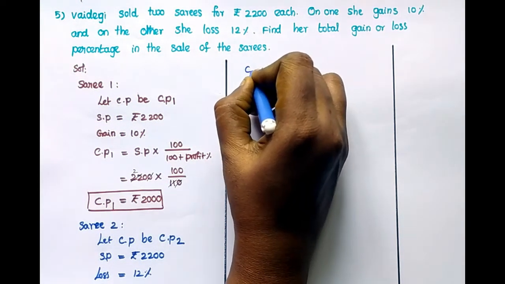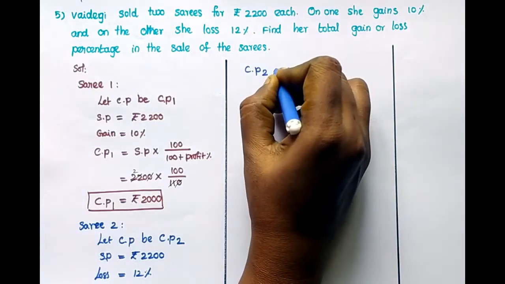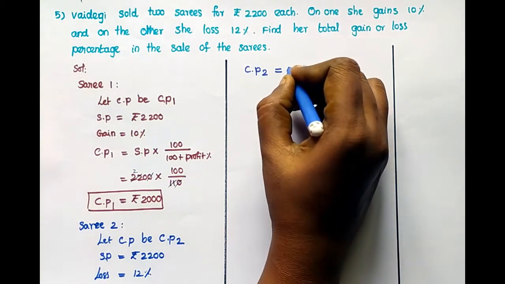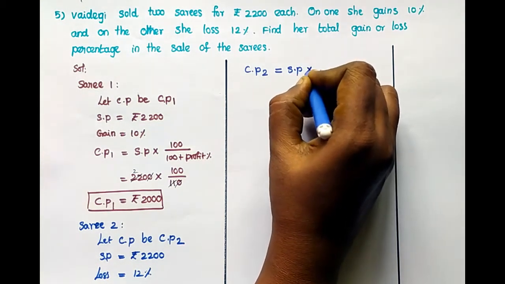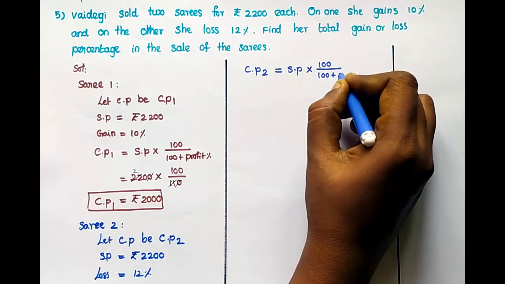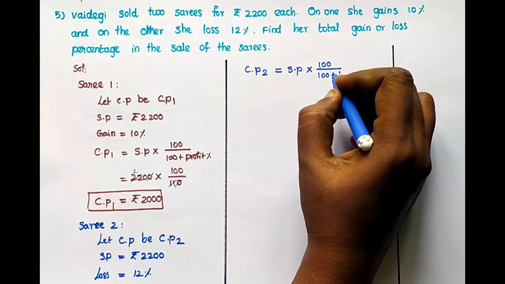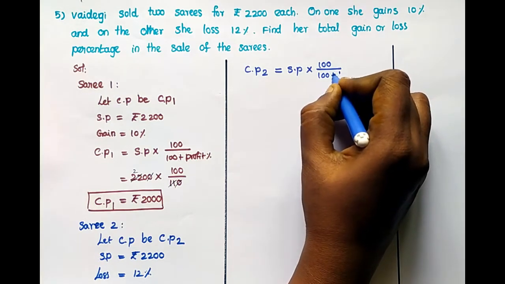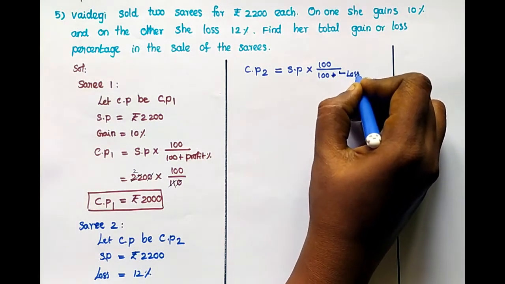Now we have to find out CP2, cost price 2: selling price into 100 divided by 100 minus loss percentage.